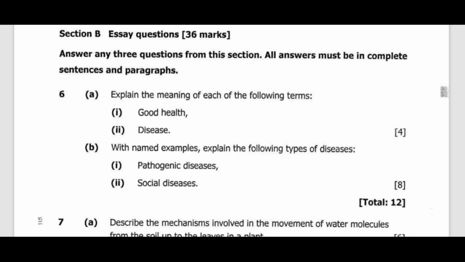So under good health, what is good health? Or let's say, what is just health? So for someone to have good health, he or she must have 3 complete healths. The first one is what we call mental health, where someone is emotionally thinking well.